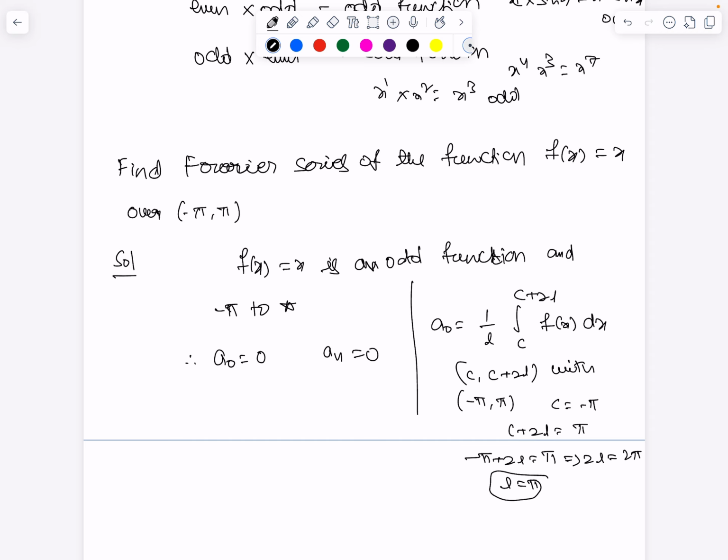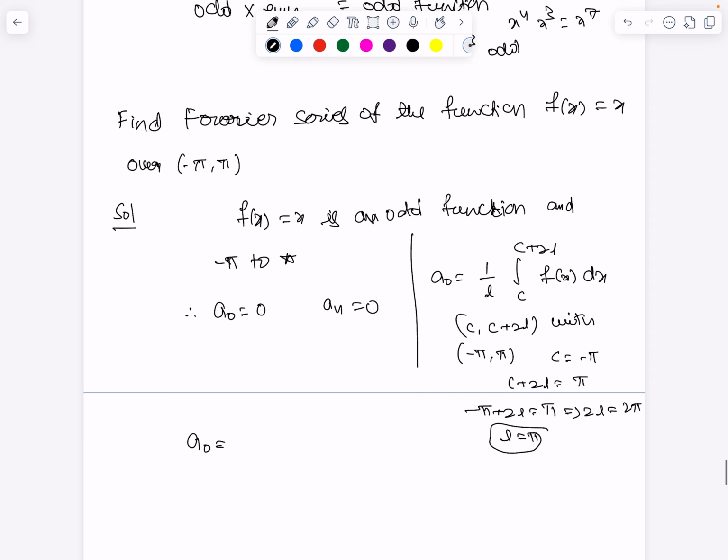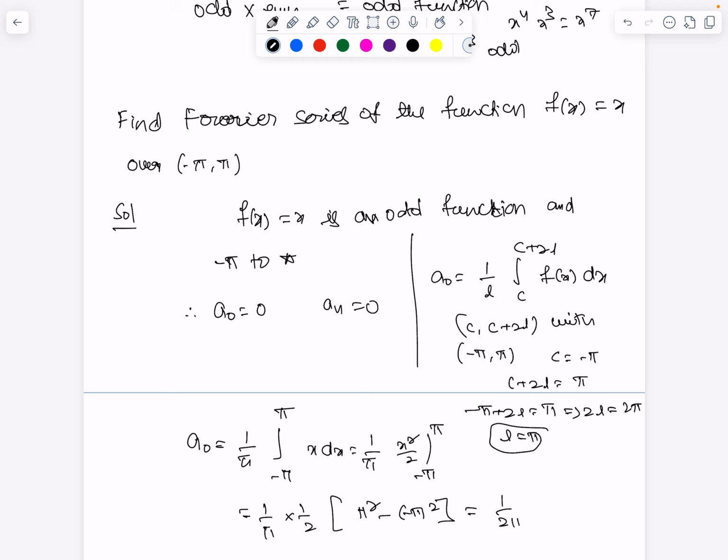So a naught is equal to 1 by pi integral minus pi to pi x dx, which is 1 by pi times x square by 2 from minus pi to pi, that is 1 by pi times 1 by 2 times pi square minus minus pi whole square, which is 1 by 2 pi times pi square minus pi square, which is 0.